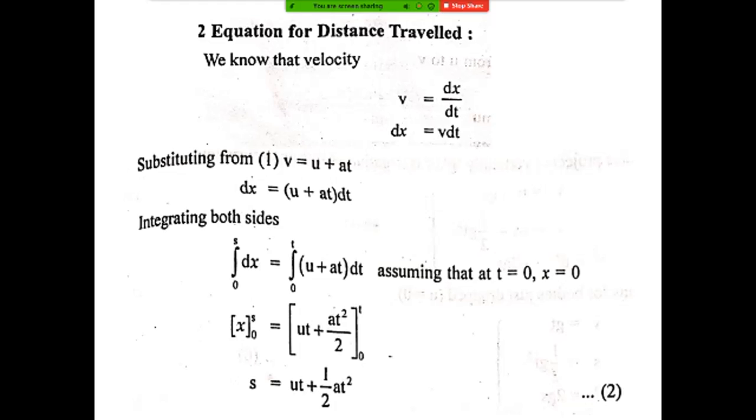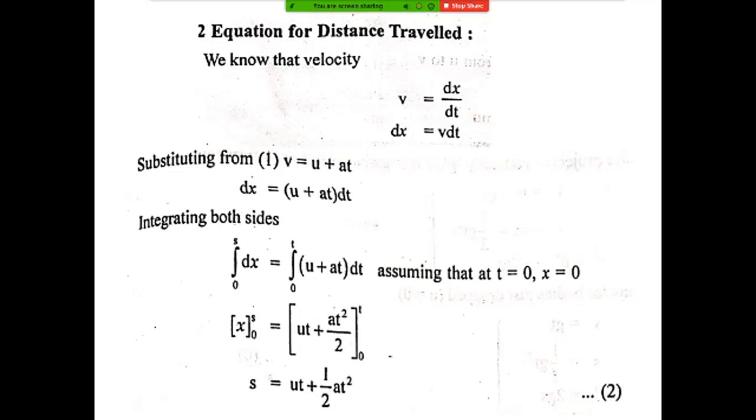Then the equation becomes s is equal to ut plus half a t square. This is the equation for distance. S is equal to ut, initial velocity multiplied by time, plus half a t square, where a is acceleration and t is time.